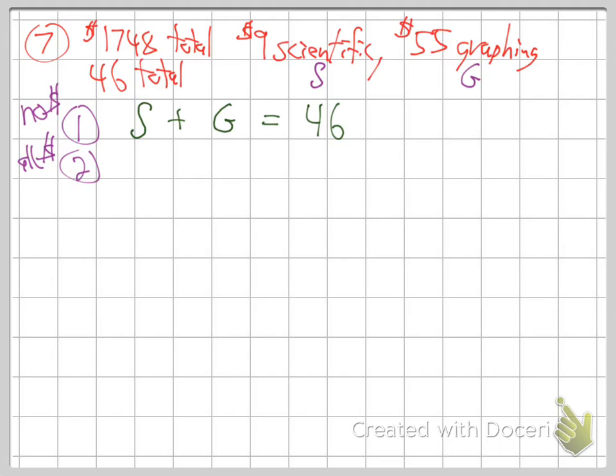Number of scientific plus number of graphing, 46 total. And then down below we bring in the money. The scientific are $9 each, so 9S. The graphing are $55 each, plus 55G. And the total money, $17.48. See how that's got money all the way across it?